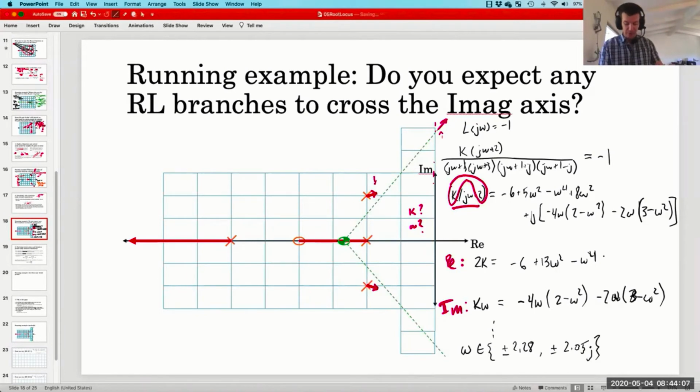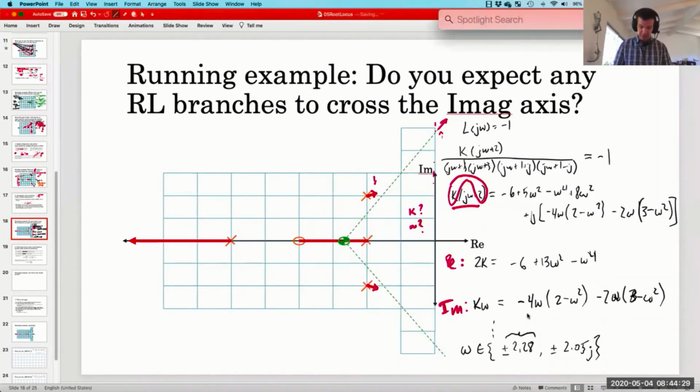Okay, so this 4th order polynomial in omega is true, or this system is satisfied with any of these 4 omega values. And if you were to pick this pair of omega values, I think you'll get k of, well, I mean, we can work it out actually. Let's do it here. Give me the calculator.